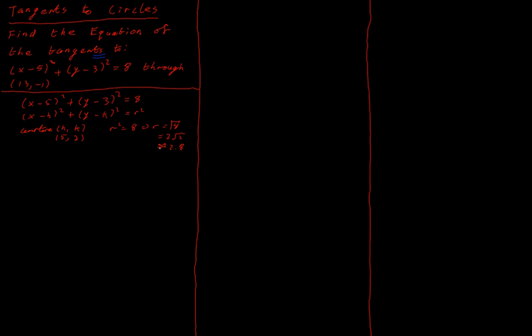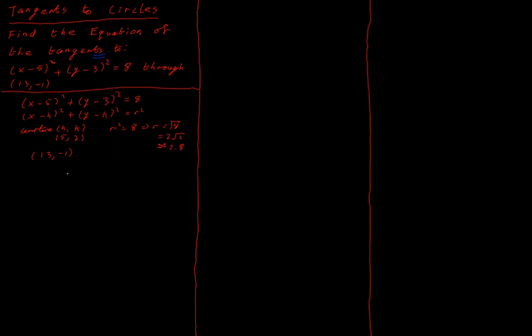Now I have enough information to draw in. I need my point. I know that the point 13, minus 1 is a point that I need to draw on my axis. So I know that my center of my circle is at 5, 3, and I know that my radius is about 2.8, so about 3, or a little less than 3, and I know that I have to have the point x is 13, y is minus 1.